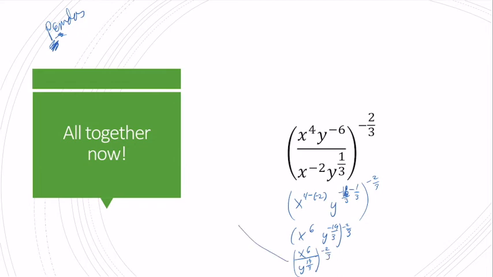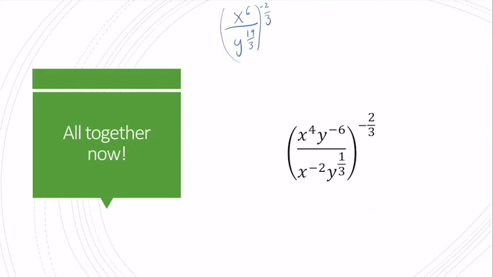And I'm going to go up here to distribute that. So I have x to the 6th over y to the 19 thirds to the negative 2/3. I have to distribute that, remembering that I just multiply it in. So I have 6 times negative 2/3, which gives me x to the negative 12 thirds.